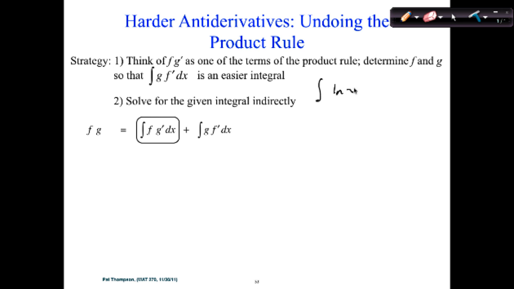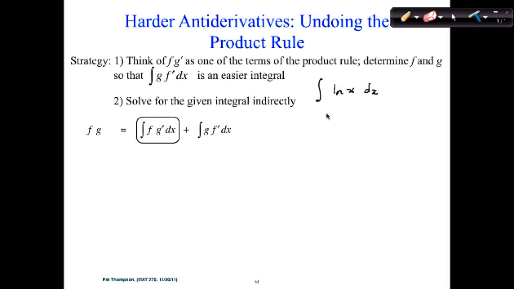For instance, just natural log of x. Thousands of students throughout the ages have said this antiderivative is what? What do they think it is? 1 over x, right? Is that right? No, that's the derivative.